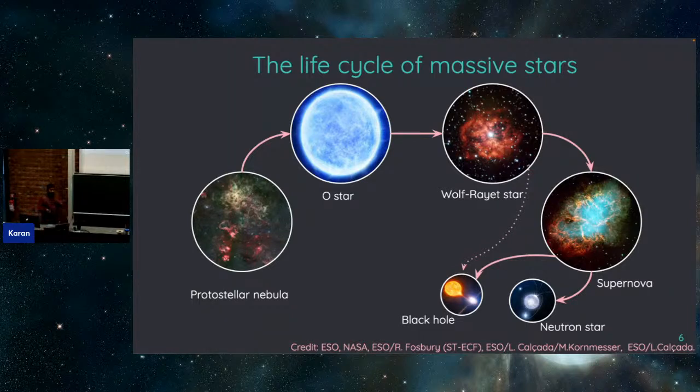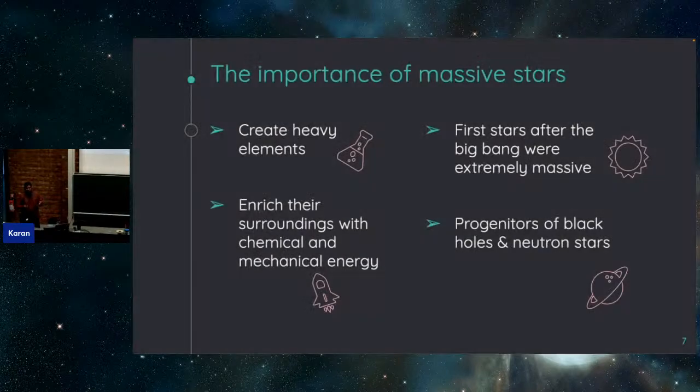They can explode as a supernova, and then you have a supernova remnant, and the remnant is either a black hole or a neutron star, depending on whether it's an O star or a B star that we're looking at. They can also directly collapse into a black hole, but what happens is not quite certain, and it's still an ongoing topic of research.